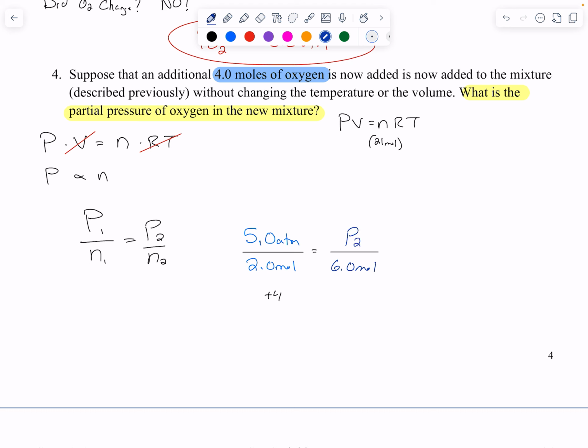We cross multiply, or all you have to do is take 5 times 6.0 moles. 6 times 5 is 30, divided by 2. P of O2 is now 15 atmospheres.